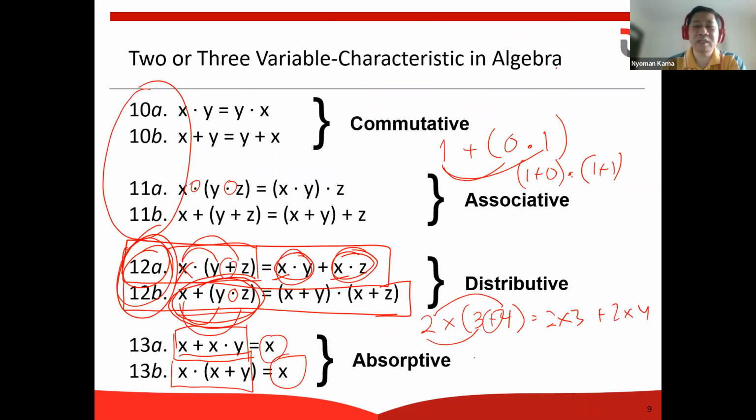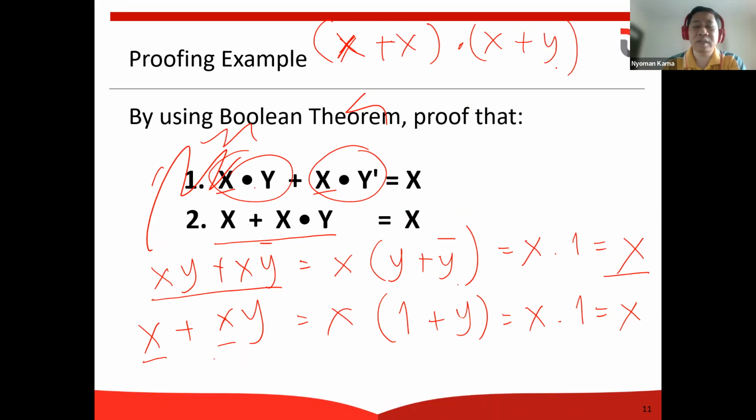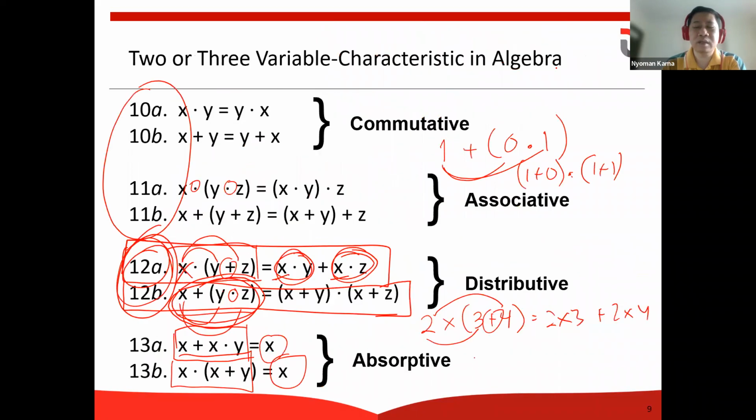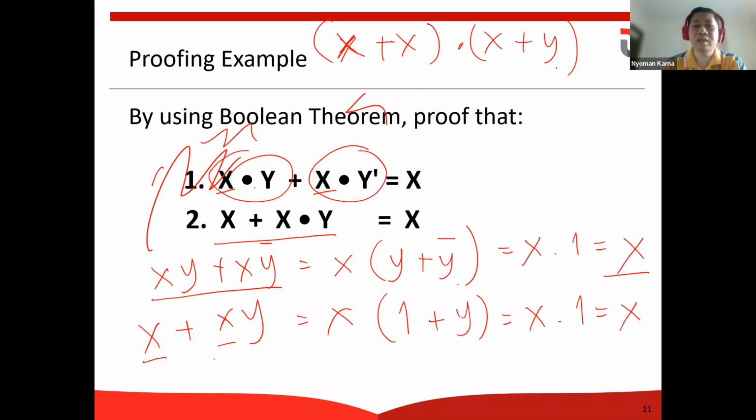X plus yz; x plus xy is similar to x plus x times x plus y in here, following x plus y times x plus z. Now, x plus x is always x.